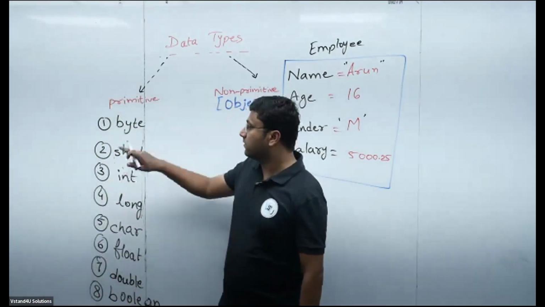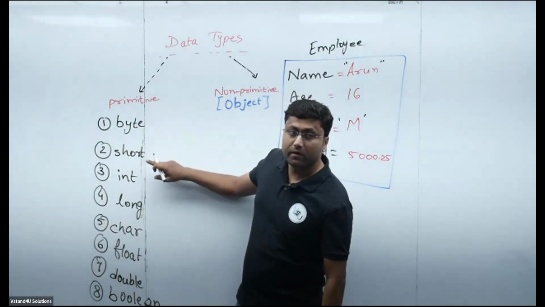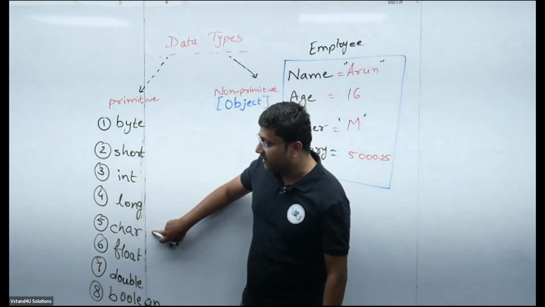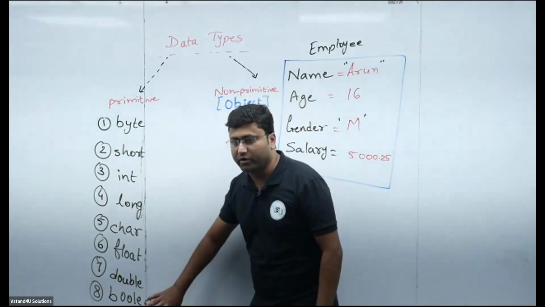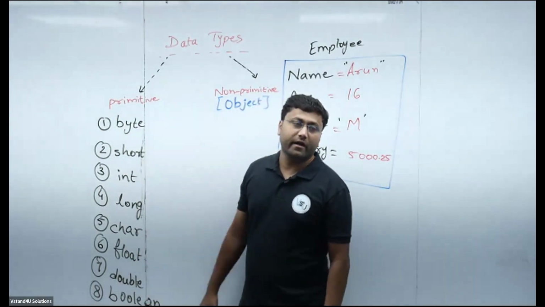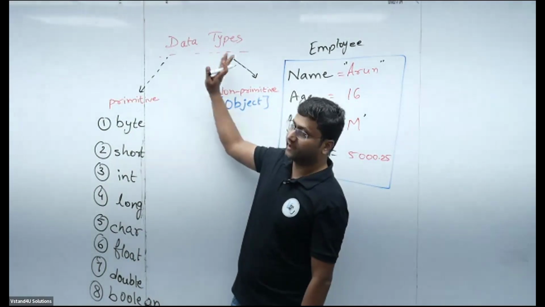Read with me: byte, short, int, long, char, float, double, boolean. These are the total 8 primitive data types. Am I clear?